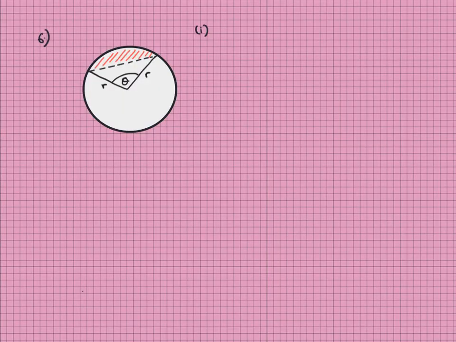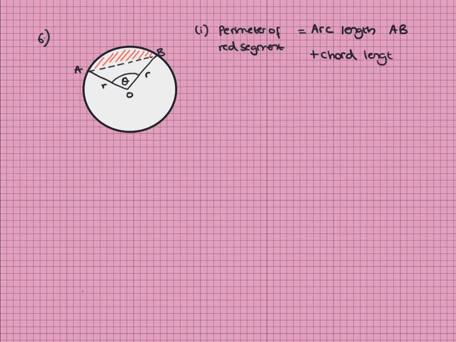So question 6, part 1, we have to work out the perimeter of the shaded segment, which I've shaded in red. So the perimeter of this segment is going to be composed of the arc from, let's say, A to B, plus the chord length from A to B. Now, we know that arc length, when our angle is given in radians, is simply equal to r theta.